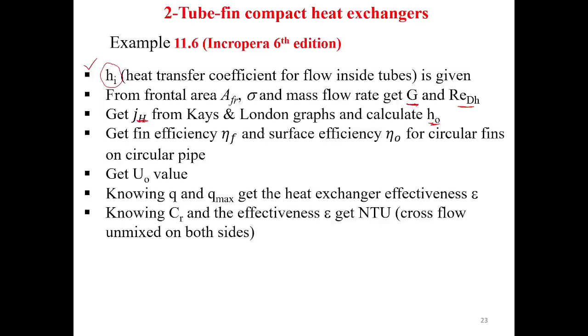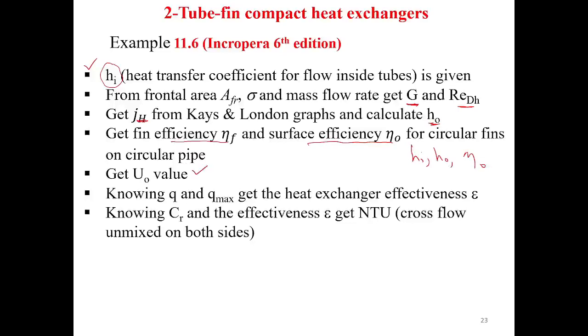In order to calculate the volume, because the volume is needed in this example, we have to get the overall heat transfer coefficient. So first of all we have to find the fin efficiency, and also eta 0, which is the overall surface efficiency. Once you get that, and since H inside is known, H outside is known now, in addition to eta 0, you go back and use the equation for finding U0.